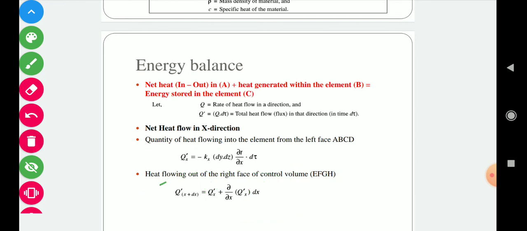So this q at exit will be equal to q at initial point plus total change along the length, similar to the temperature profile which we explained in our previous slides.